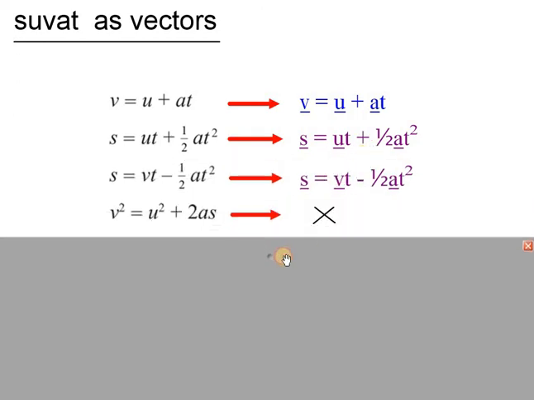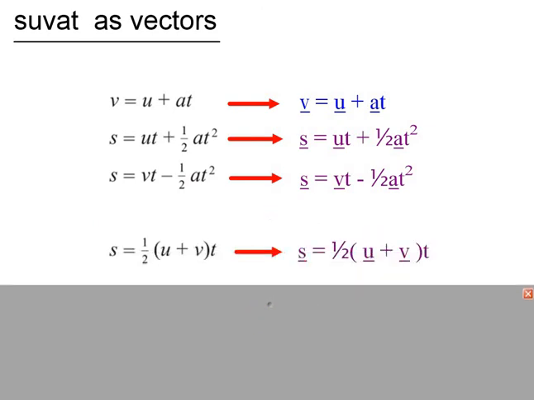And again, this one doesn't lead to anything useful because we've got v squared and u squared. We're not going to square our vectors on this side, so we ignore this one. And the last one. Remember to underline these letters. These are all vectors. T is not a vector, it's a scalar quantity.